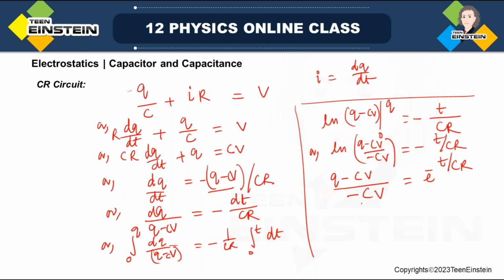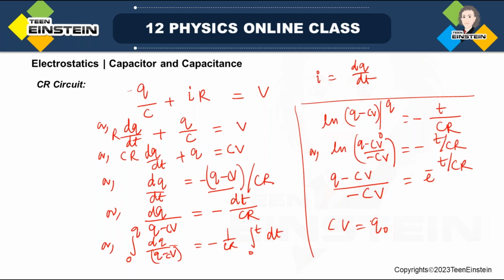Now I'm taking this CV as Q0. Q0 is C into V, that is the final charge, or the steady state charge.